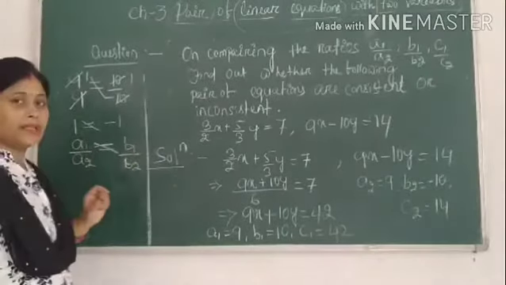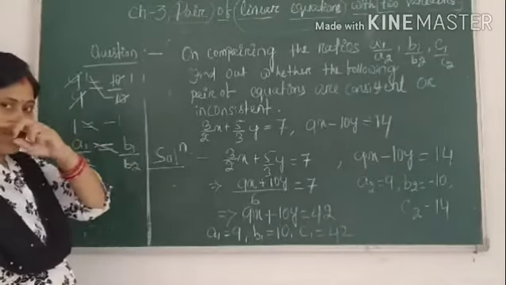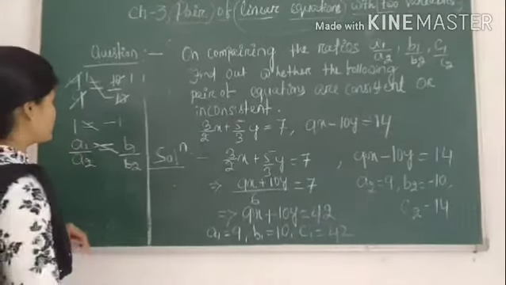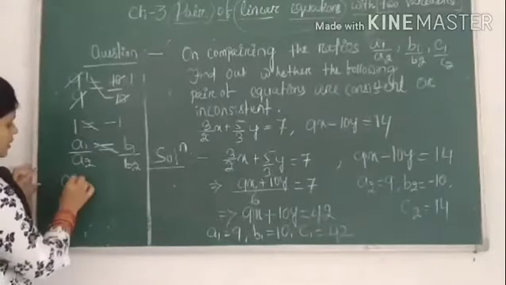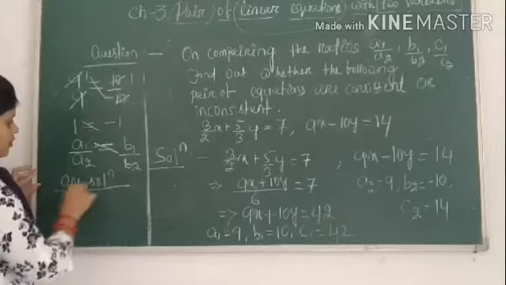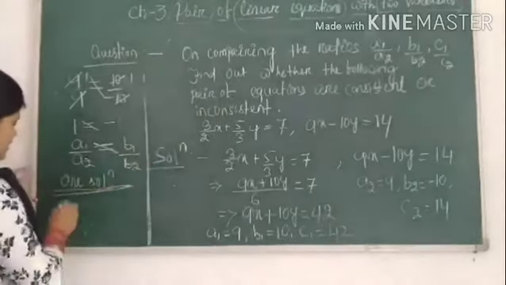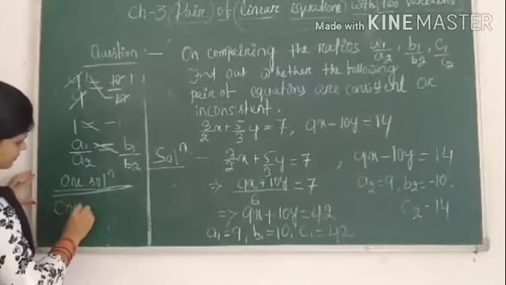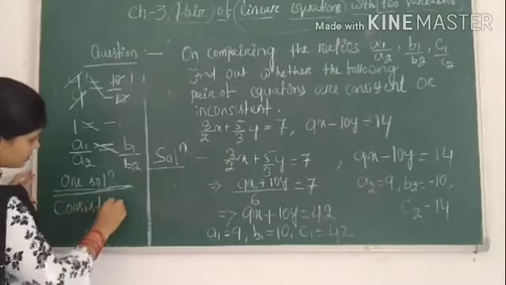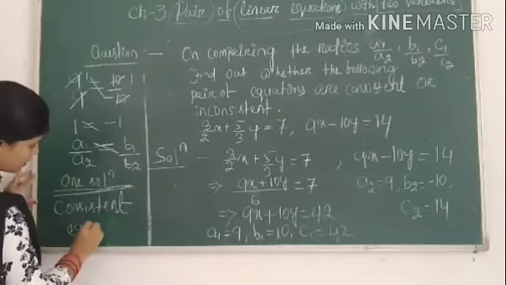Intersecting line means, I already told you, exactly one solution is possible. So here you have to write one solution is possible. One solution means this is consistent. So here you will write consistent equation.